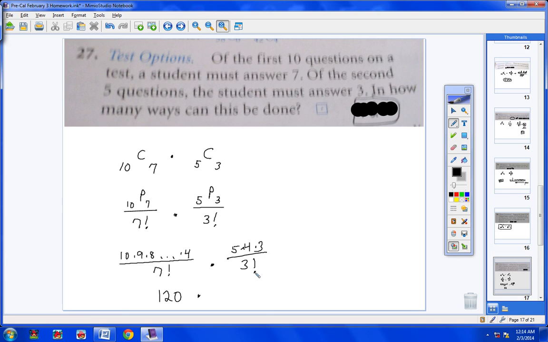Now the second fraction, we could probably do it faster in our head. 3 factorial is 3 times 2 times 1. Cross off your 3's, cross off your 2, make this a 2, and you get 5 times 2 times 1 is 10 over 1, so 10. So 120 times 10 would be 1,200. So that's how many different combinations you could get out of choosing these sets of questions on this test.